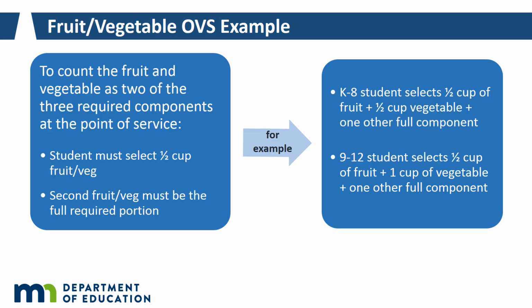So for example, students in grades K through 8 must select a half a cup of fruit and a half a cup of vegetable plus 1 other full component, and students in grades 9 through 12 must select a half a cup of 1 fruit or vegetable and then 1 cup of the other, plus 1 other full component.